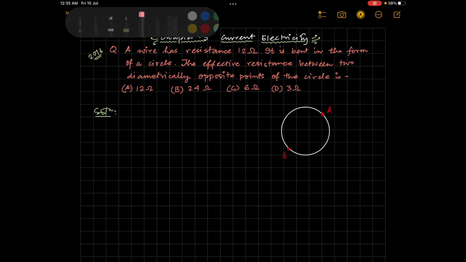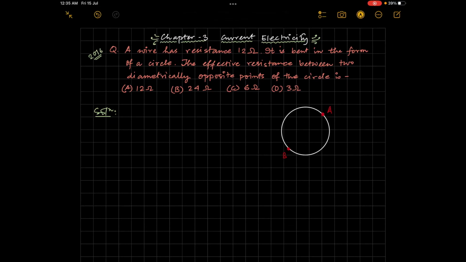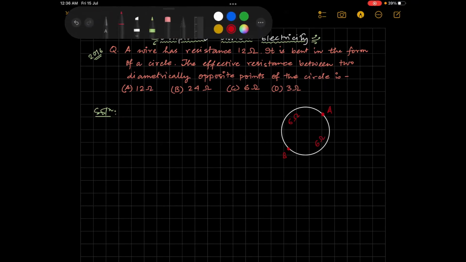Now the total resistance is given as 12 ohms. So naturally you must have guessed by now that the resistance of the two sections are 6 ohm and 6 ohm. So if we redraw this figure, we will get something like this.